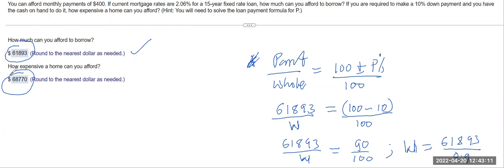All right, so if you want to know the full 100%, we have to divide how much he can borrow by 0.9 to arrive at the full amount, or how expensive a home this person will be able to afford. Okay, so that's how you deal with this problem. So we just looked at how you can use the PV, and the PV is used to estimate how much of a loan you can afford. All right, and then we have looked at how expensive a home you can afford when you can pay a part of the loan amount down. All right, thank you.